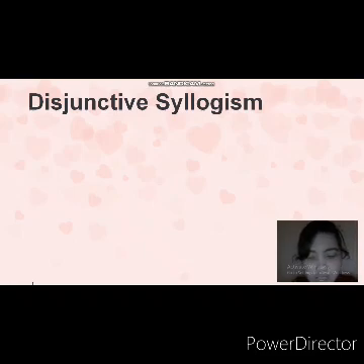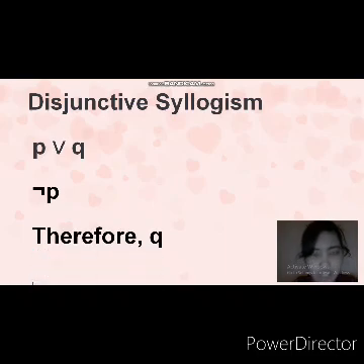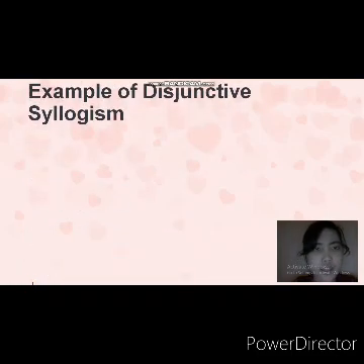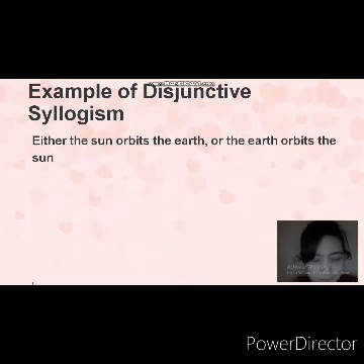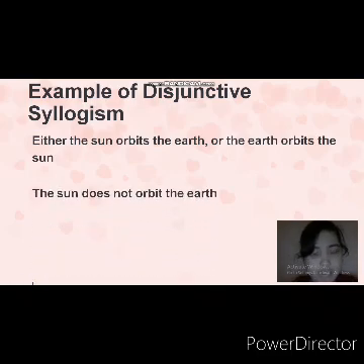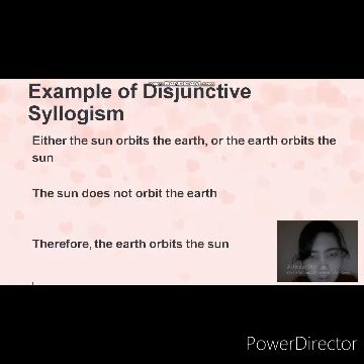Rules of disjunctive syllogism. P or Q, the negation of P, therefore Q. Example: either the sun orbits the earth or the earth orbits the sun. The sun does not orbit the earth. Therefore, the earth orbits the sun.